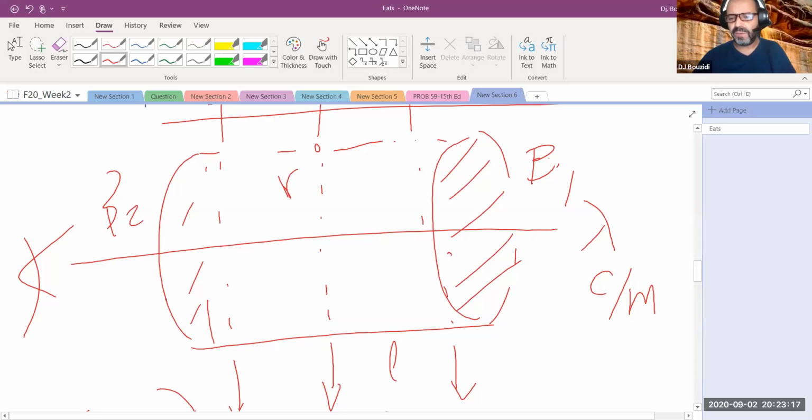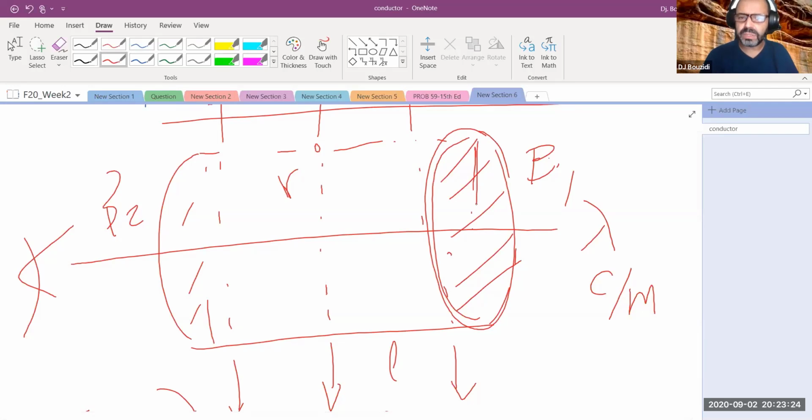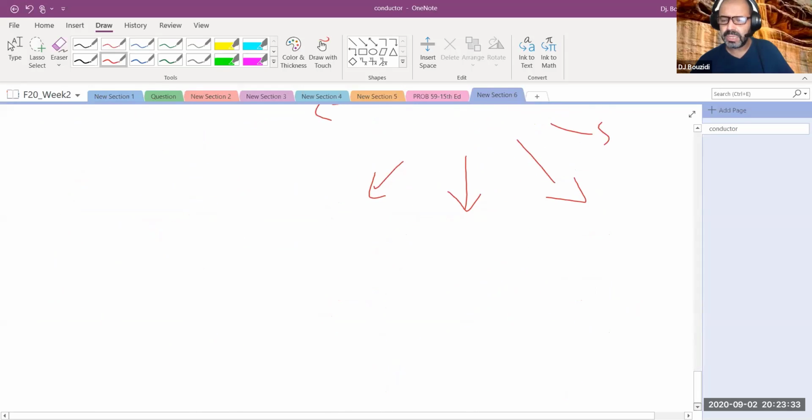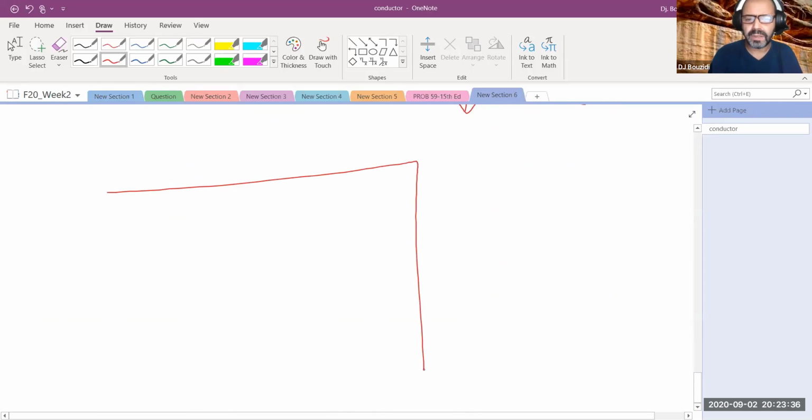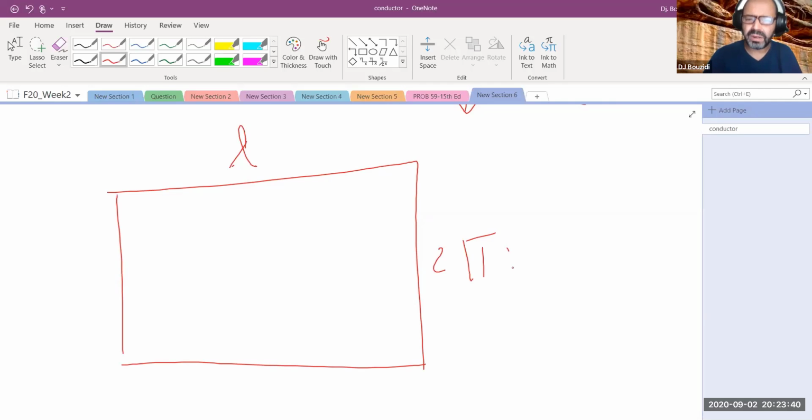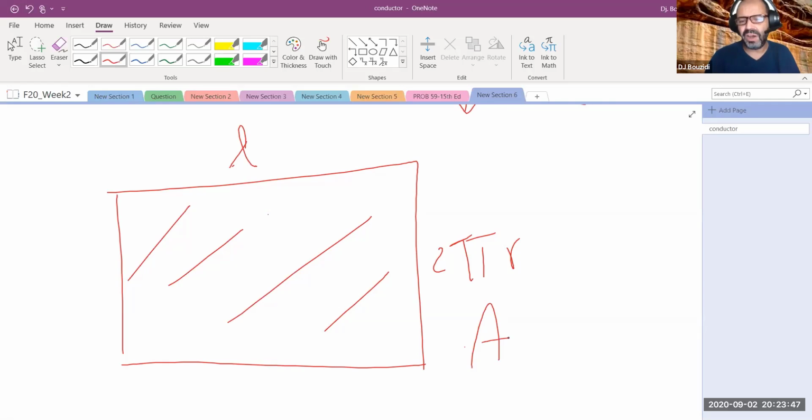So if I open the surface, this length is L, but this circumference is 2 pi times r, because this distance is little r. So if I open this lateral surface, this is how it looks. The length is L, and this side is 2 pi r. So its area is simply length times width. So the area of this surface is 2 pi r times L.